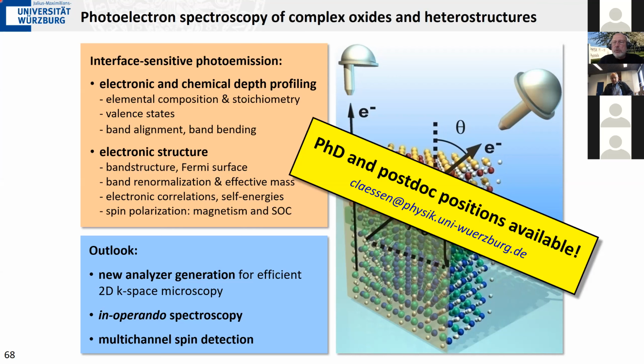Then you can tune the intensity maxima of this standing wave field through your film, and by that probe the position of the lanthanum and the aluminum ions, for example.